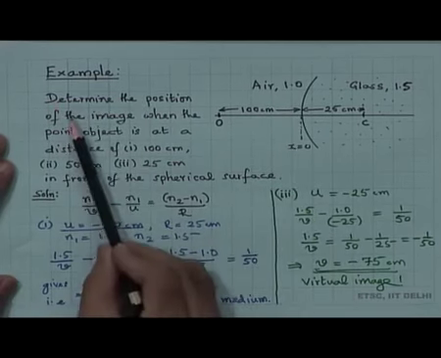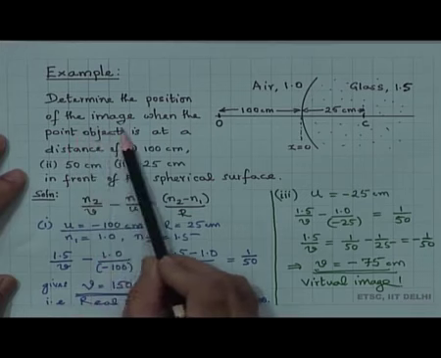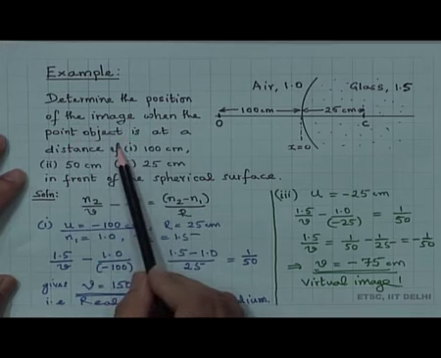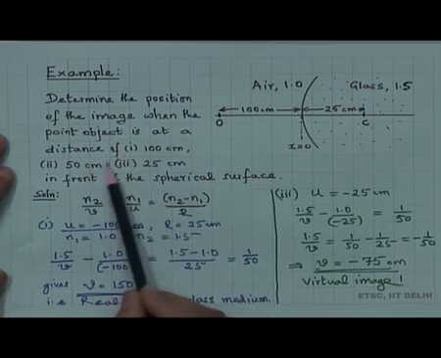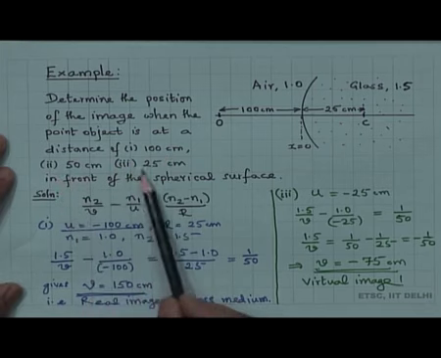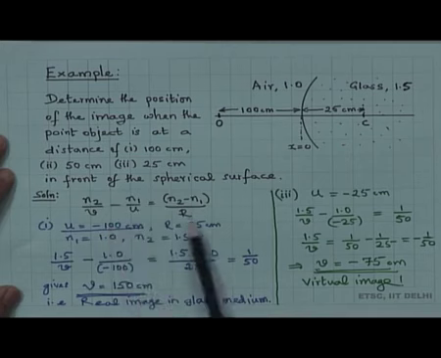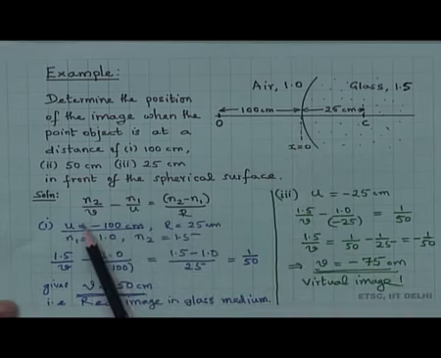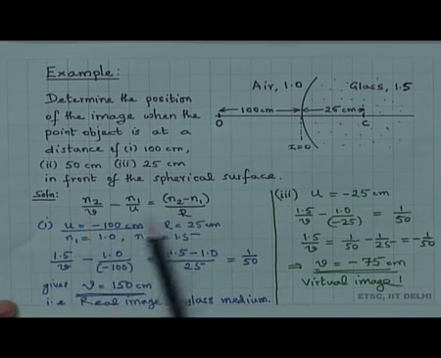So, the question is: determine the position of the image when the point object is at a distance of 100 centimeter, 50 centimeter and 25 centimeter. It is a simple problem, basically substituting in the formula, because it is a single interface for which we have just now derived this formula.